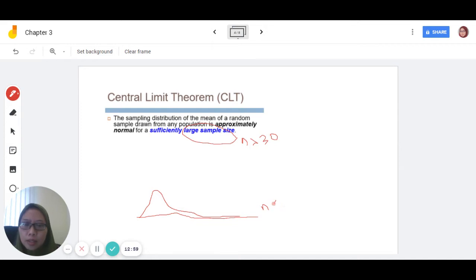Once you increase the sample size n, your curve becomes closer to normally distributed. This is when your n is around 30.